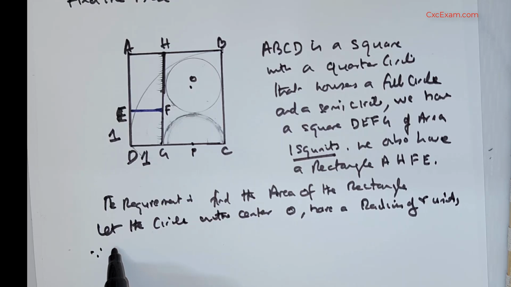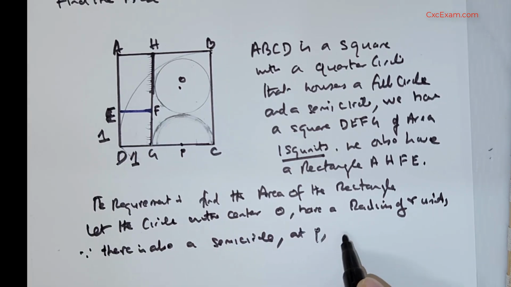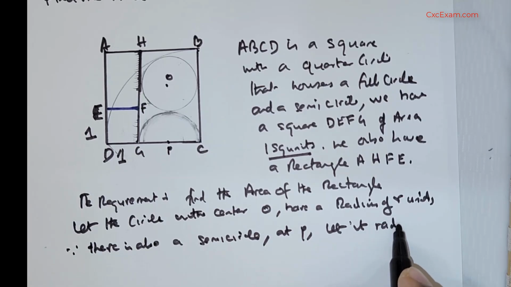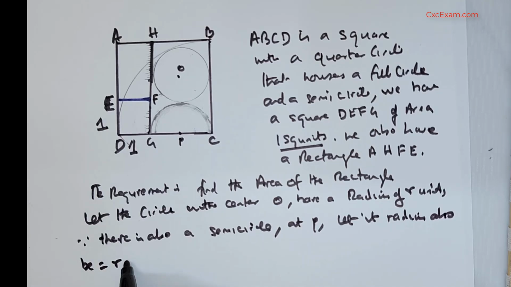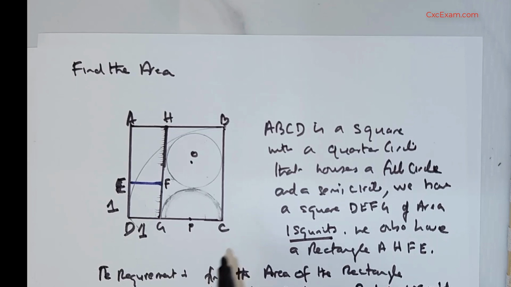Since there is also a semicircle at P, let its radius also be equal to r units. So it's actually the same circle, but the only thing is that this is a semicircle, this is a complete circle.